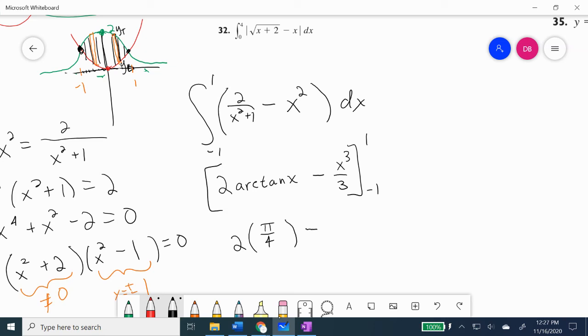And I'm still working on plugging in the 1, so 1/3, minus, and now when I plug in the -1, the arctangent of -1 is asking what angle gives me a tangent value of -1. And I have to remember that arctangent only looks at negative pi over 2 to positive pi over 2.